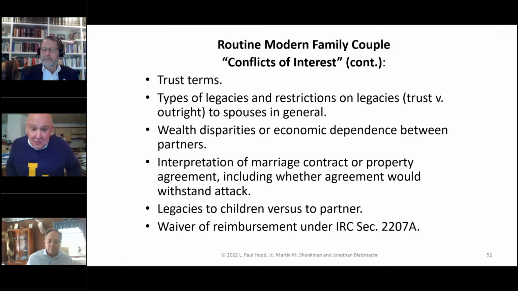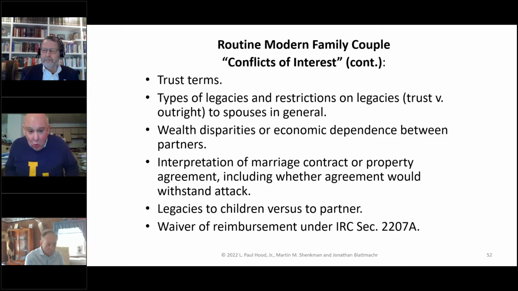If you just take a cut and paste from a single relationship couple, and in that cut and paste, it says the surviving spouse waives the right of reimbursement under section 2207A, which basically, because of the 2044 inclusion in the surviving spouse's estate, because of the cost of Q-tip, the 2207A gives, unless it's waived, the surviving spouse's estate the right to go back and get the tax money from the Q-tip trust.